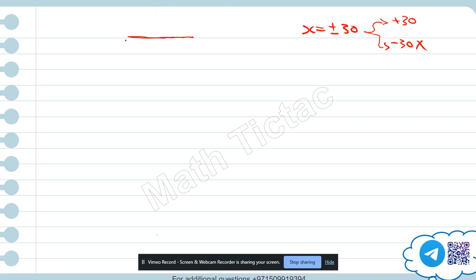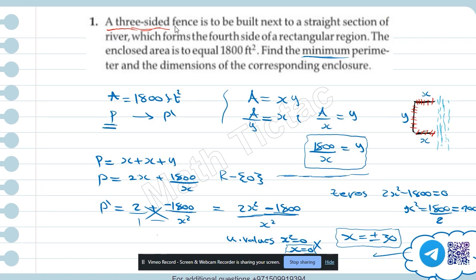Okay, so in here the logic says that we have to start from 0 until the end. So in here we have 30, which is positive 30. Now we can substitute any value in the derivative. This is my derivative.